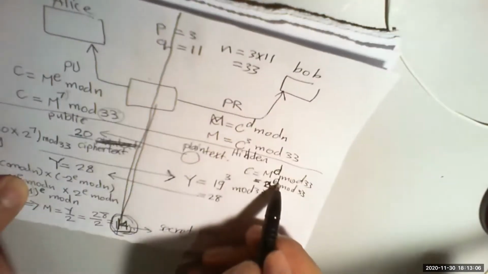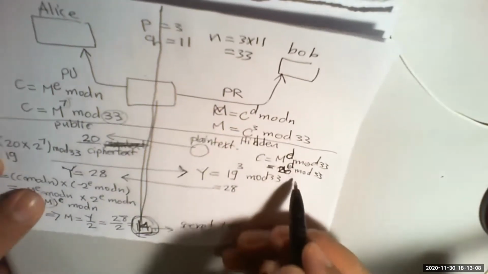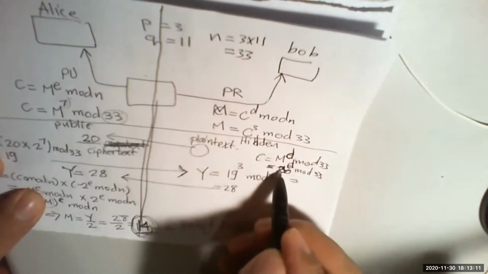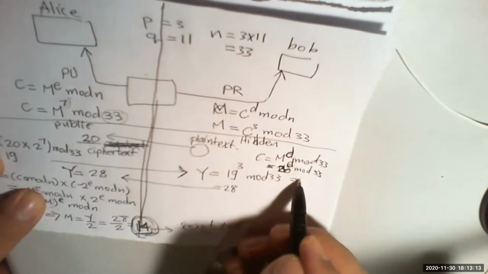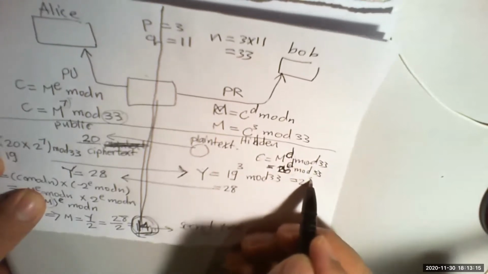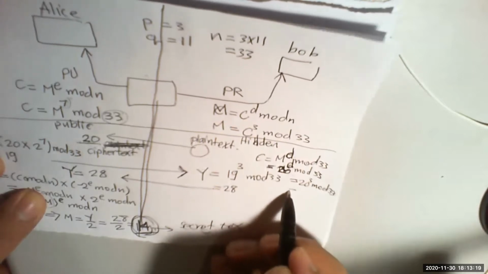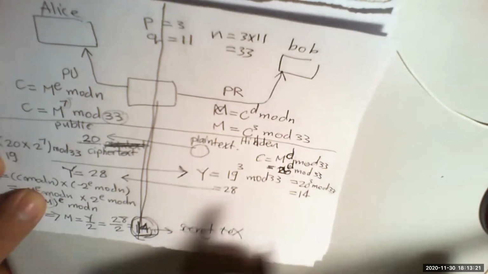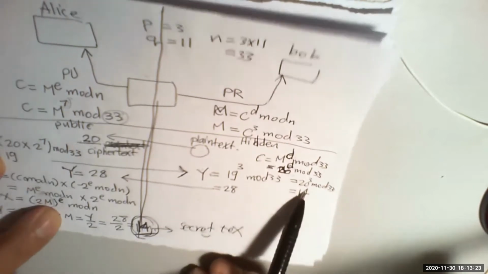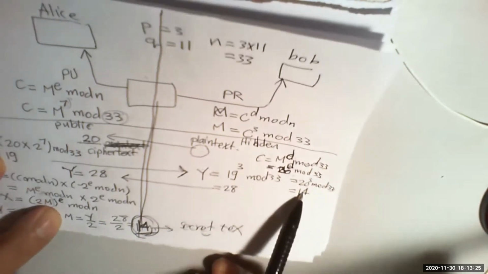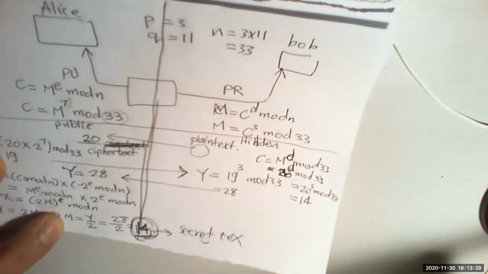I mean here, this is d, not e. So this is going to give us 20 to the power d equal 20 to the power 3 mod 33. 3 is a private key. So now I'm sure that 14 is the plain text and the 20 is the cipher text.